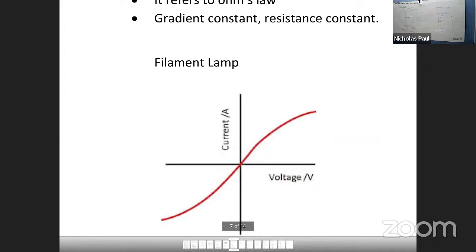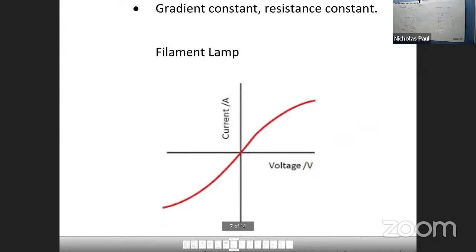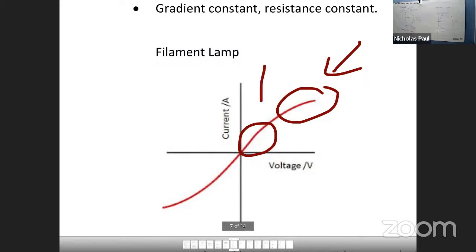A filament lamp looks like this, right? Why does this part of the graph happen in a filament lamp? Because as the filament gets hotter, the ohmic properties begin to die off, right? During that phase it's technically kind of ohmic, but as it gets hotter, the resistance doesn't behave in a linear way, and the graph begins to curve, right?